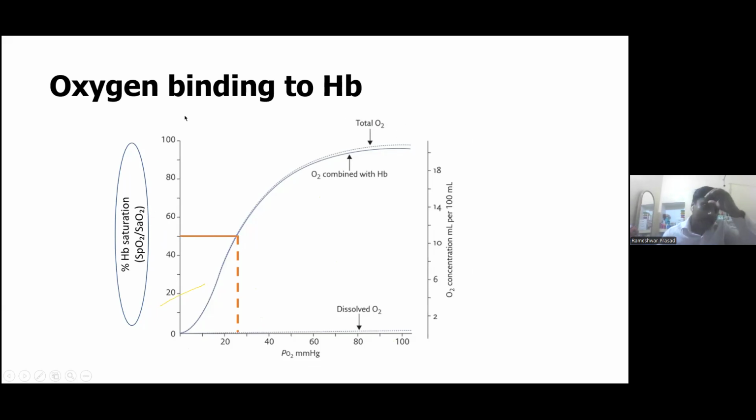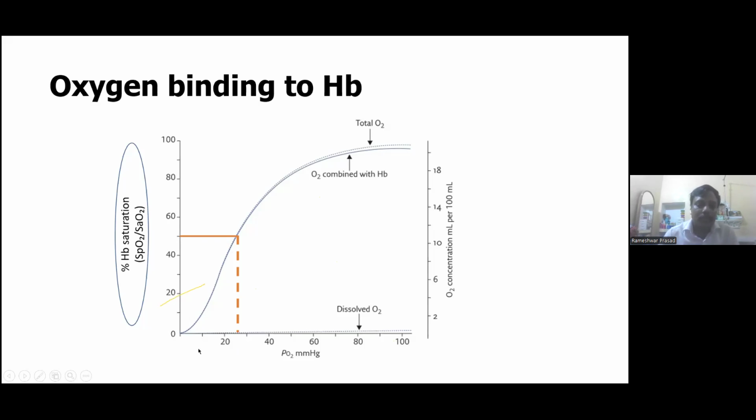That means the PaO2 value at which hemoglobin is 50% saturated is called P50 value of the hemoglobin, and in adult it is 26 millimeter mercury, and in fetus it is 20 millimeter of mercury. That means in fetus this oxygen hemoglobin dissociation curve will be shifted towards left side.